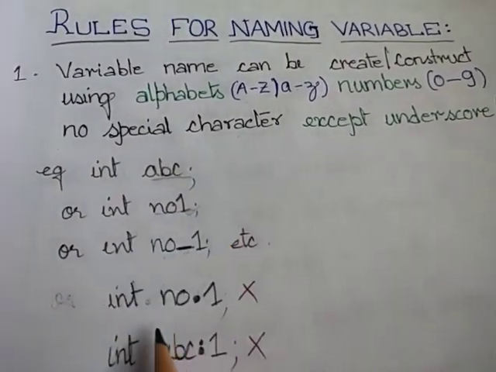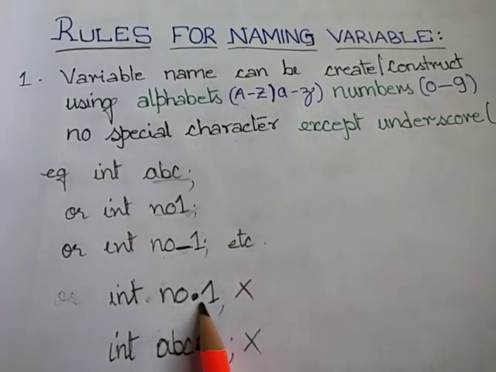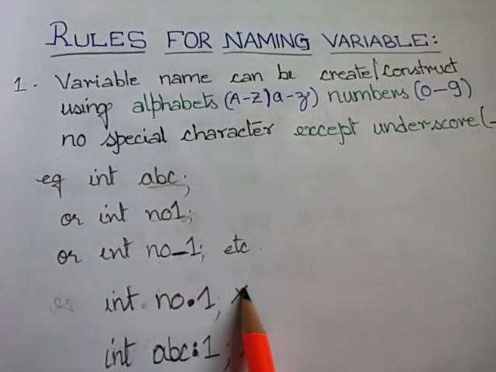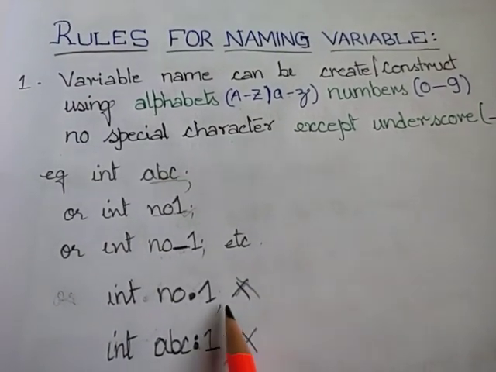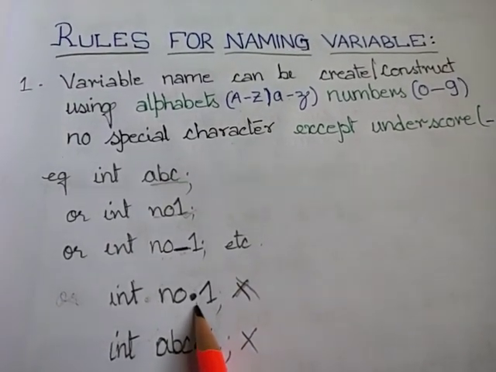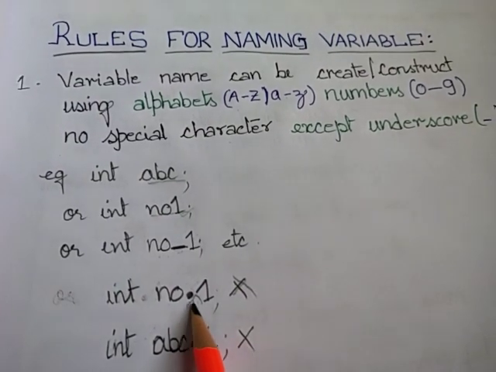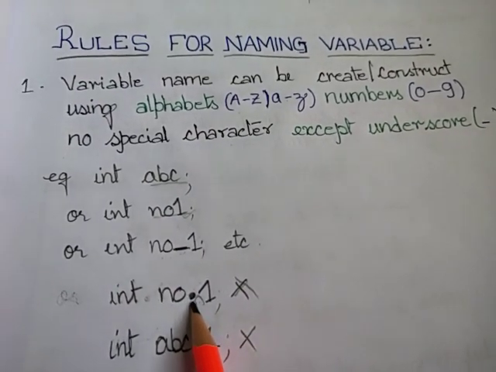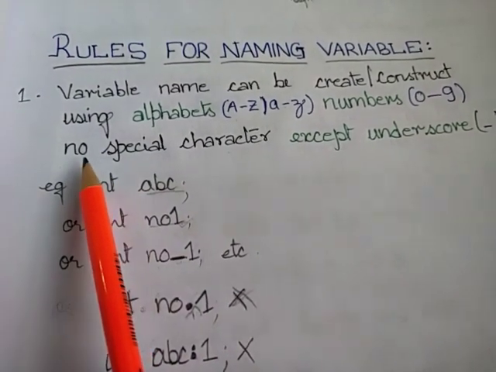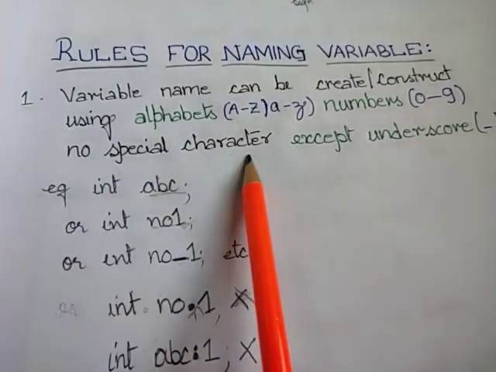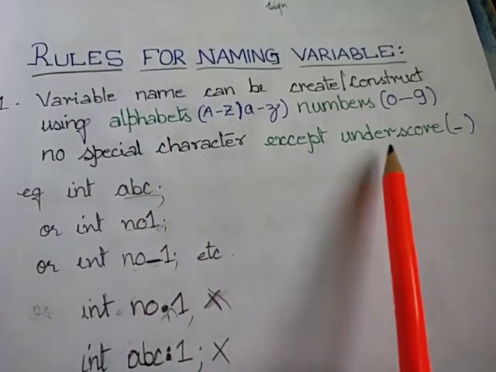But if you mention NO full stop 1, this is an illegal way of naming your variable. Why? Because you are using the special character full stop or dot. This is not allowed, because the first rule mentioned no special character except underscore.